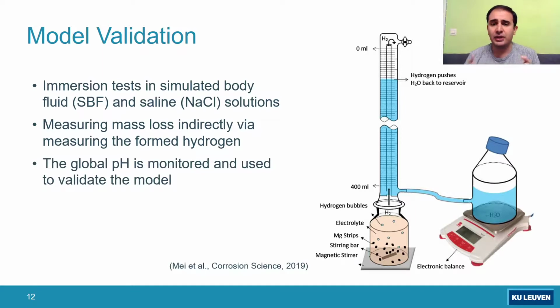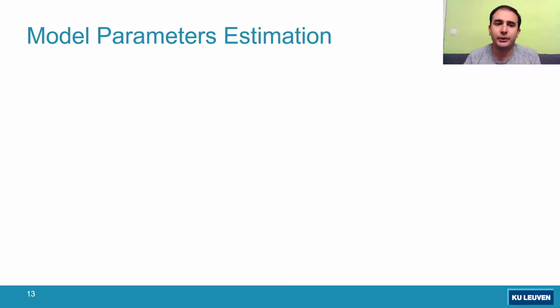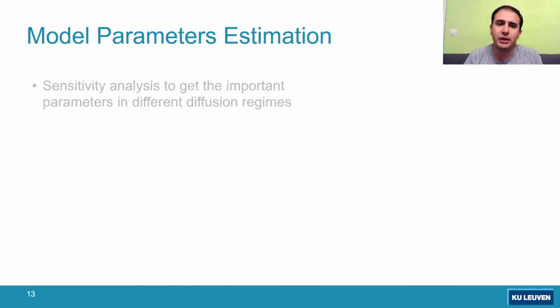And the global pH is also monitored and is used to validate the model as the main criterion. But before going for the final simulation setup, we need to estimate some of the parameters in the model, such as the reaction rates and diffusion coefficients.